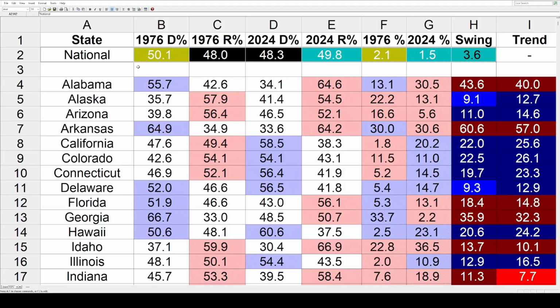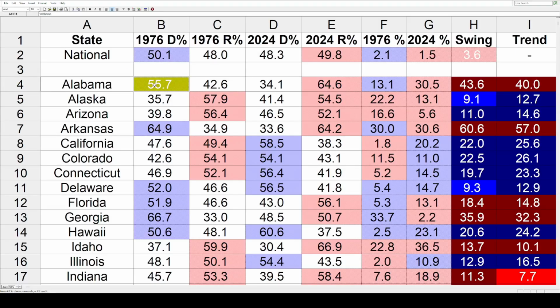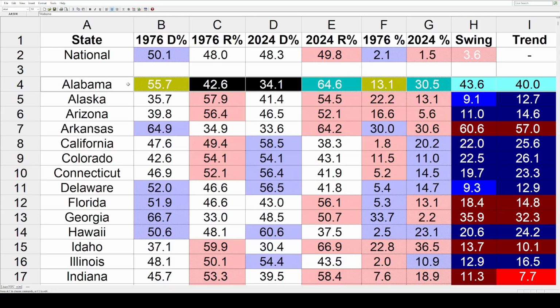So let's go through the first state. We've got Alabama. In 1976, it was won by Carter. He got 55.7. Gerald Ford was at 42.6. 48 years later, Kamala Harris went down to 34.1. Trump went up to 64.6. The margin for Carter in '76 was 13.1. The margin for Trump in '24 was 30.5.